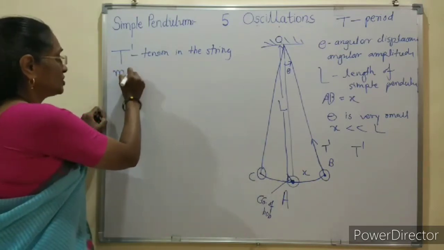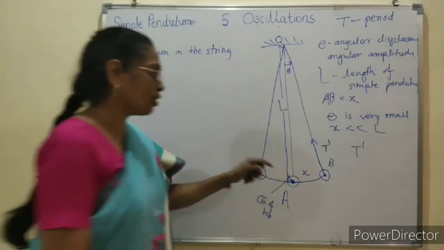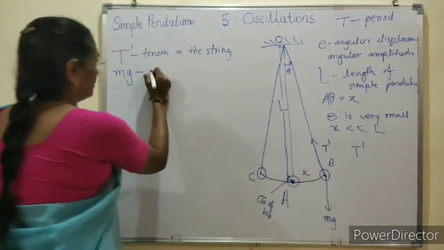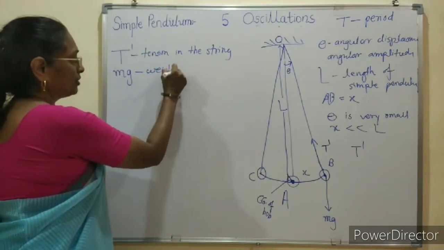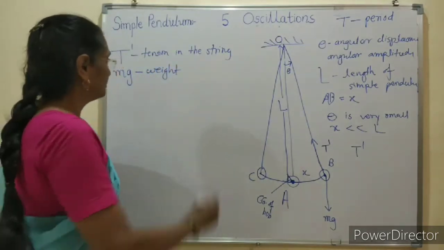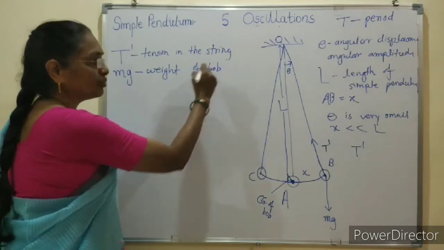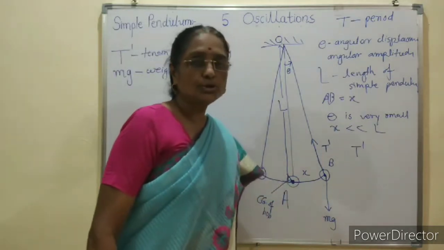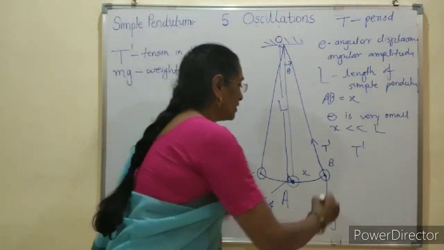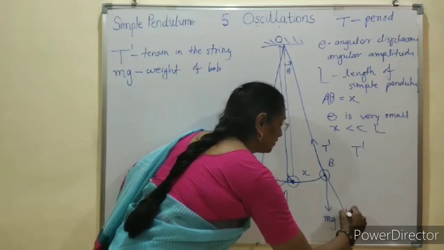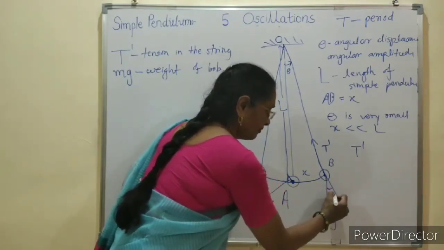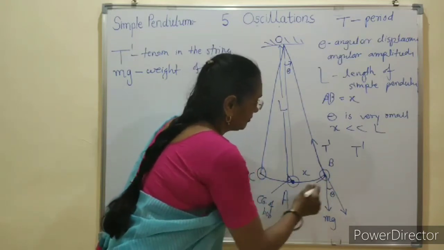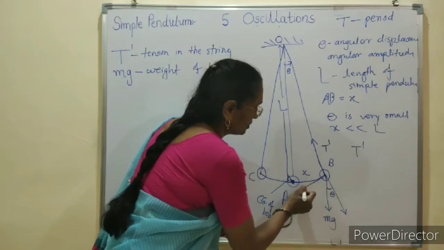Now the next force acting on the bob is vertically downward. It is weight of the bob. Now this weight can be resolved into two components. One is along the string and other is perpendicular to the string.